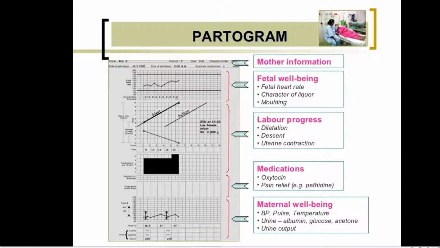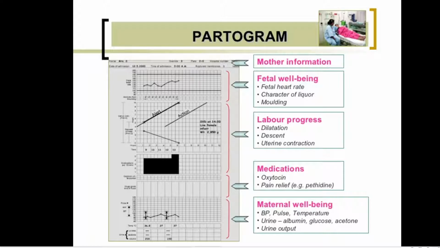Maybe the letter B, it's blood in the amniotic fluid. The letter M is meconium, and the letter A is if amniotic fluid is absent. And next is molding. The next line is molding. It may be 0, or 1, 2 or 3 pluses.